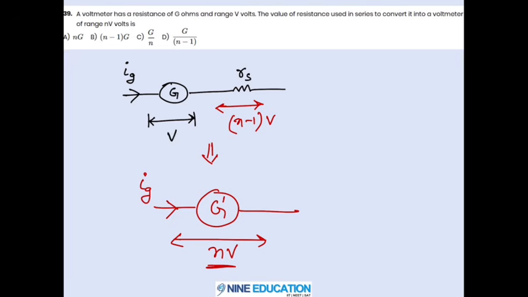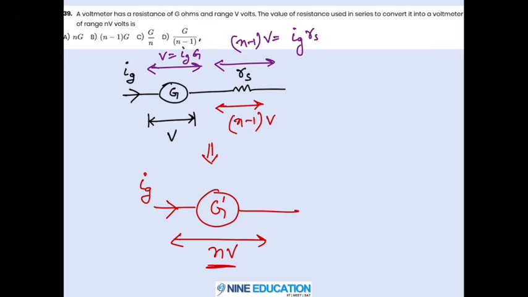Now, just use the formulas that we already know. Applying Ohm's law across the voltmeter, V is equal to IR. So V is equal to IG into R, and R is basically G ohm. Now apply Ohm's law here. I can write N minus 1 into V is equal to I into R, I is again IG, and R is RS.